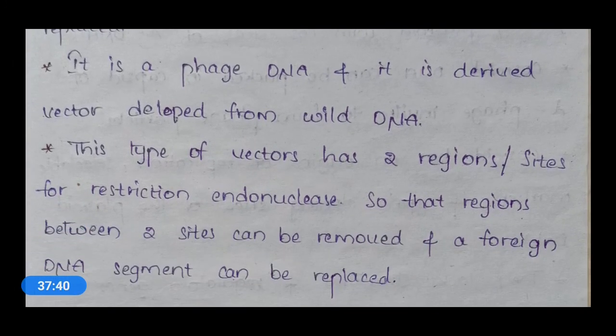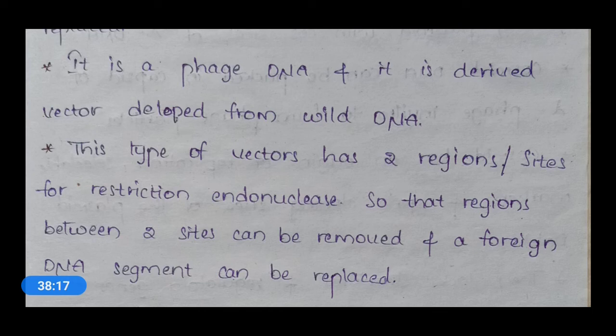It is a phage DNA derived vector, developed from wild DNA, same as the insertion vector. Both insertion vectors and replacement vectors are developed from wild phage DNAs. Wild here means these are the purest forms. So from these wild phage DNAs we are developing artificial vectors.